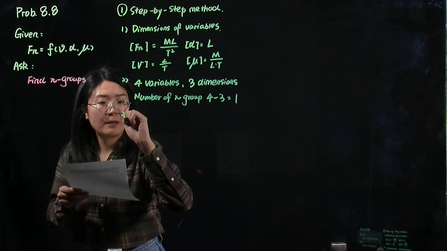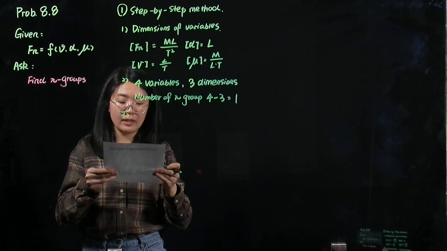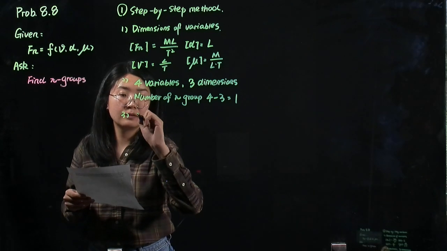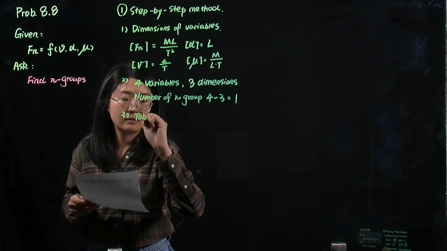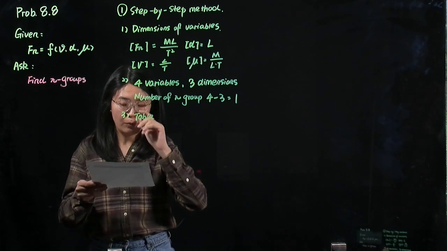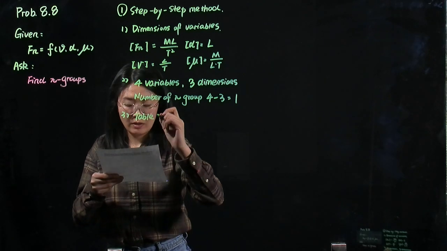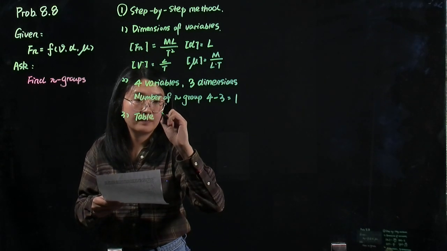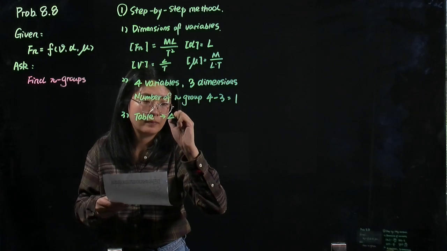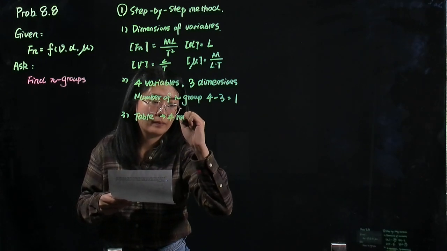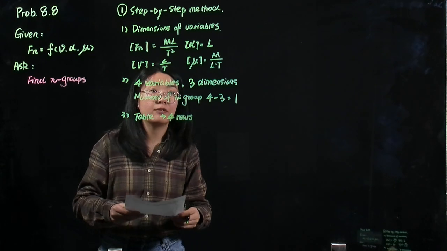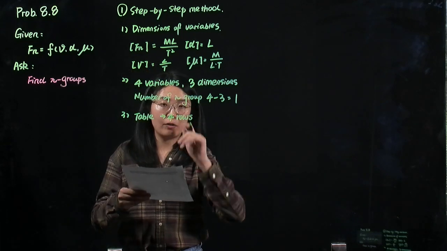And the third step is to set up a table with 4 rows, which is the number of variables, right?